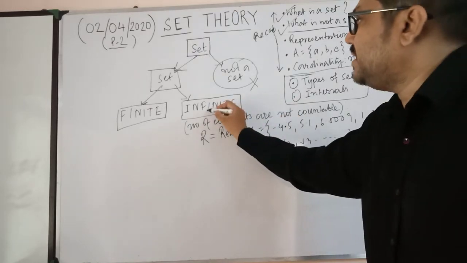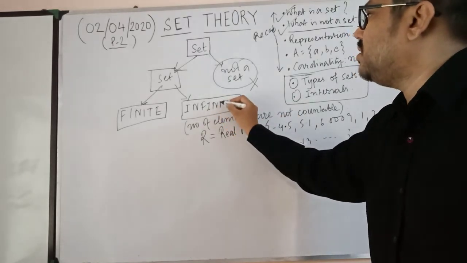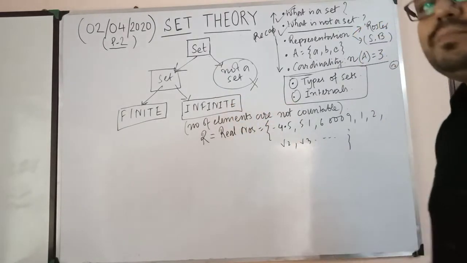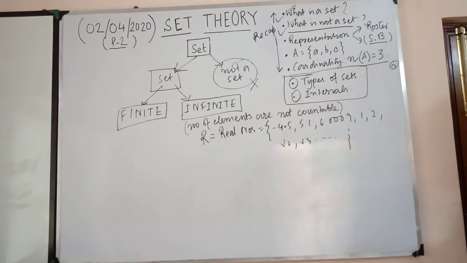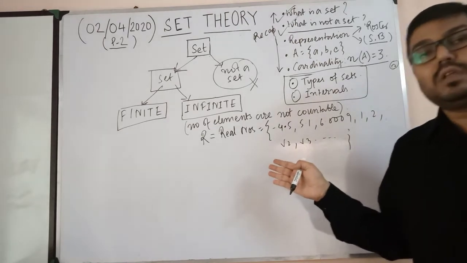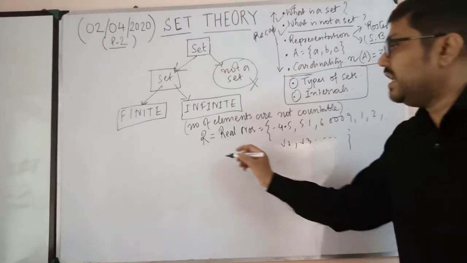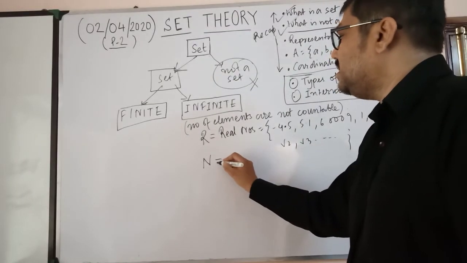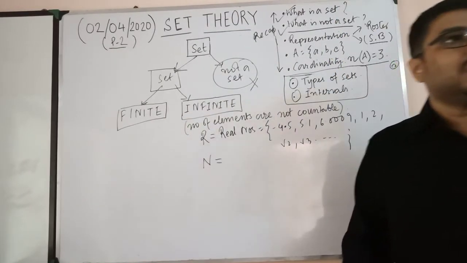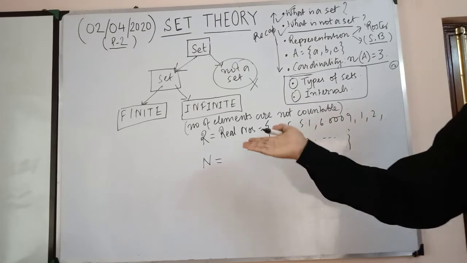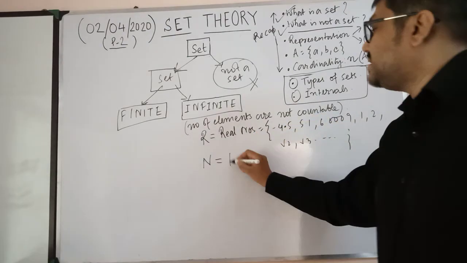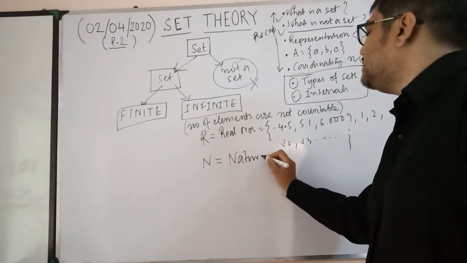Now what is the difference between an infinite set and not a set? This is very important. See, infinite set means you know what to put, you simply cannot count. Say N. Most of you know that N is the natural number set.